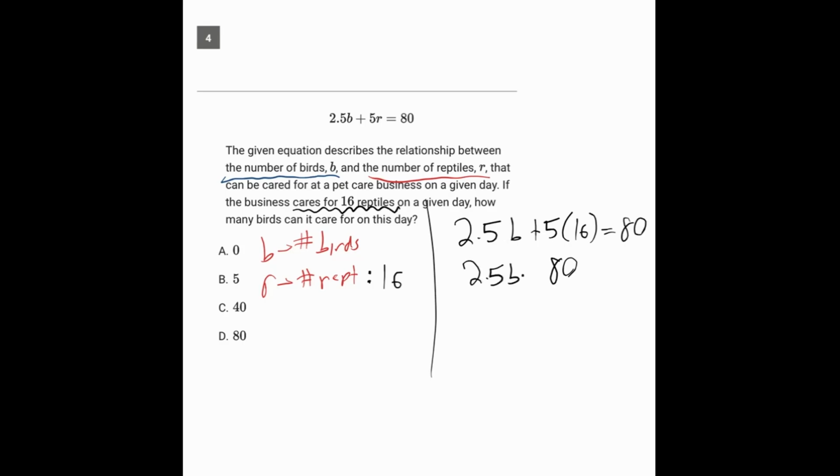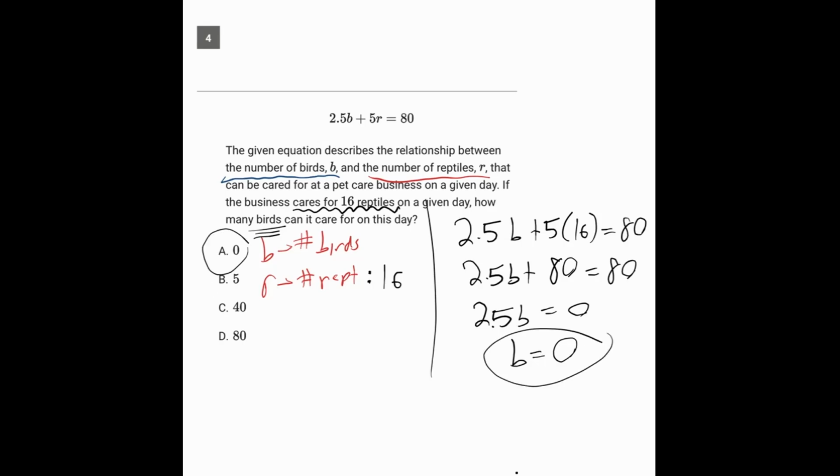So this is one of these scenarios where you just feel like you're doing something wrong because you end up with 0. And why should you get 0 on a word problem? But it's okay. It is equal to 0 here. You divide by 2.5 and you'll get 0. So how many birds can it care for on this day? Well, we got 0, so the answer is A.